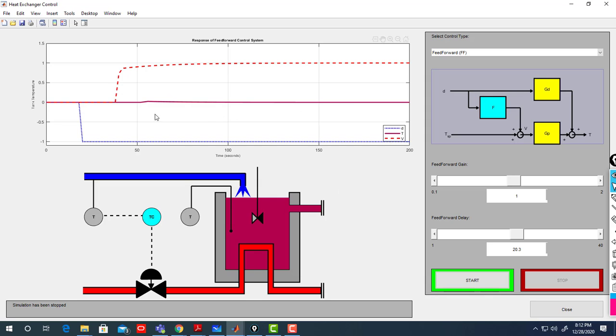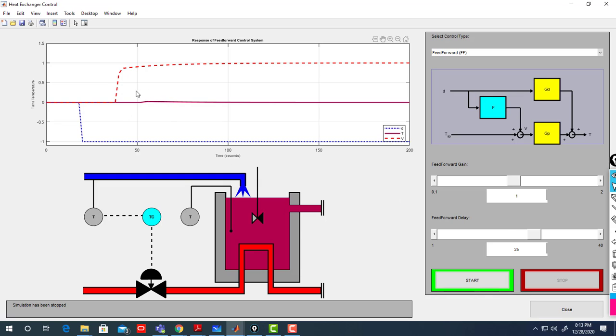But in reality it's not the case, because we know that we cannot have an exact model. So let me have 25. Also I can change the feed forward gain, so to make more uncertainty in my modeling, or in my design of the feed forward controller.